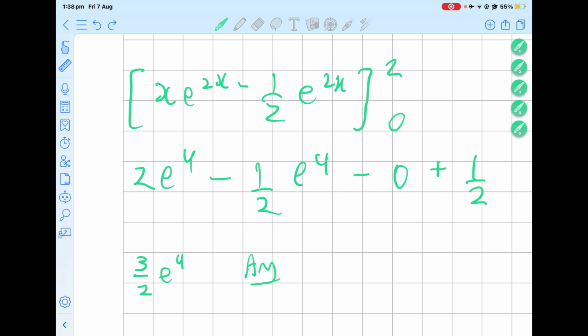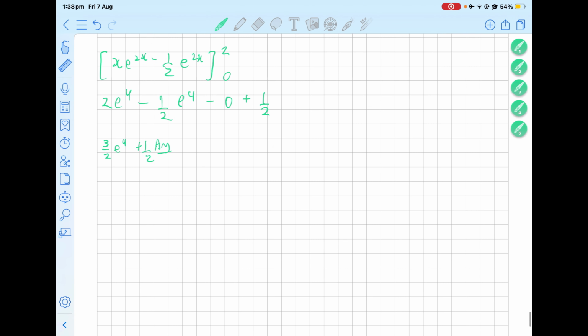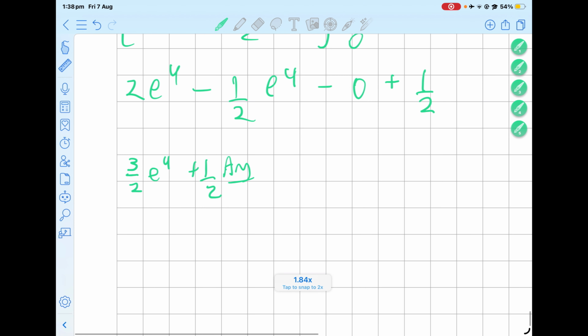So plus half. And then we can do the integral now of the thing, 0 to 2. Yeah, they're both the same now.